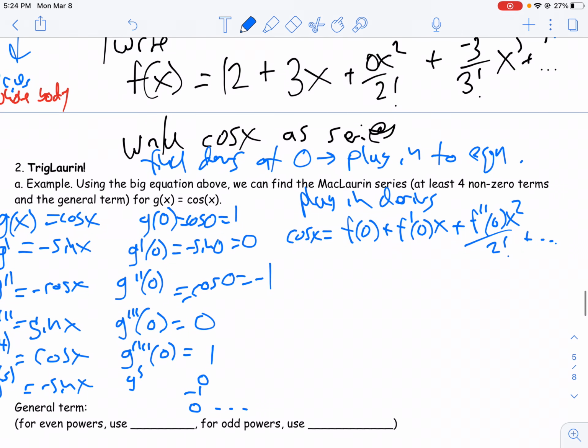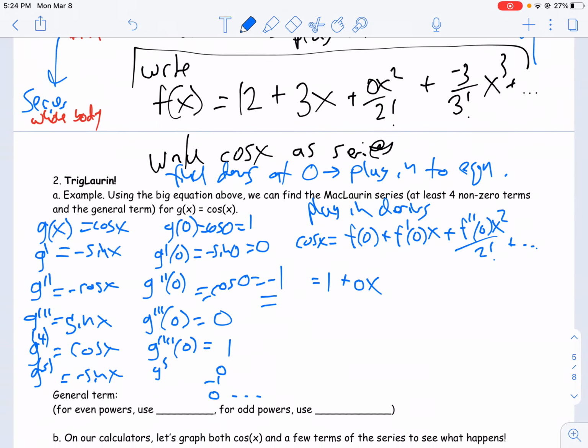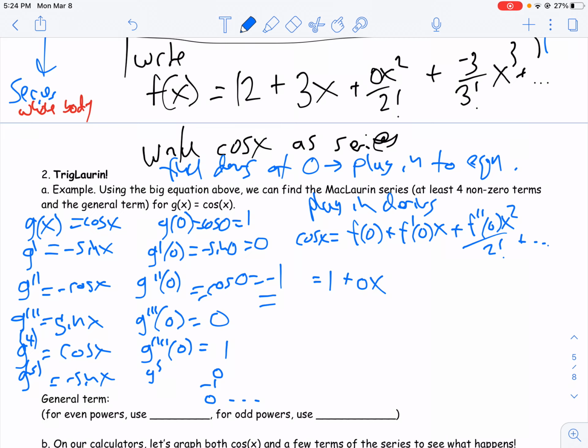So when I plug those in, I'm going to get 1, and then we have a 0x, and then the second derivative is negative 1. So I'm going to get a negative 1 x squared over 2 factorial. And then I'm going to have a 0 x cubed. My fourth derivative is positive 1, so plus 1 x to the 4 over 4 factorial. And then my next one was a 0 x to the 5th. My next one was negative 1 x to the 6 over 6 factorial.